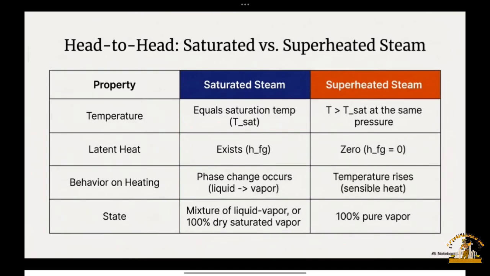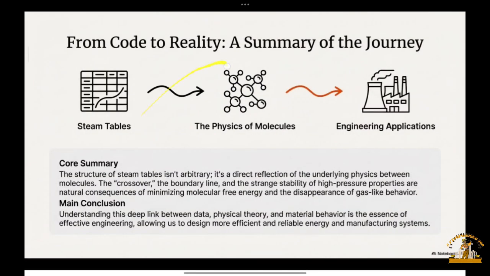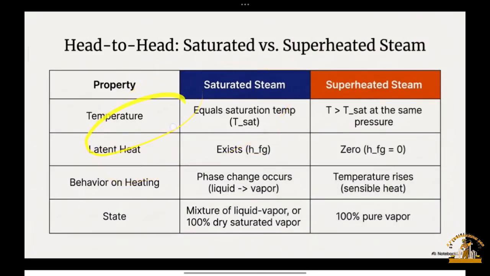Head to head: saturated versus superheated steam. This is just a simple comparison between them. For saturated steam, temperature equals saturation temperature. For superheated steam, this temperature is higher than T saturated at the same pressure.